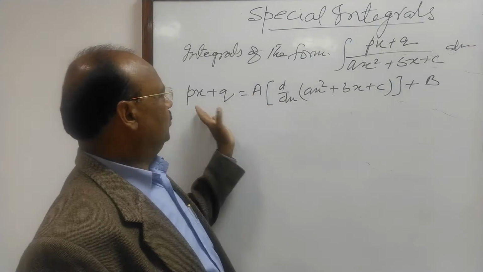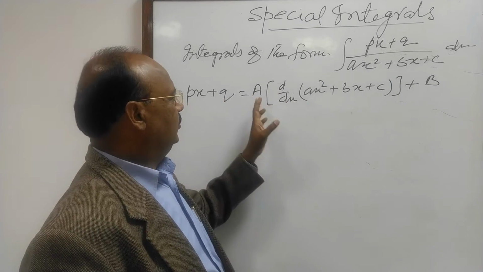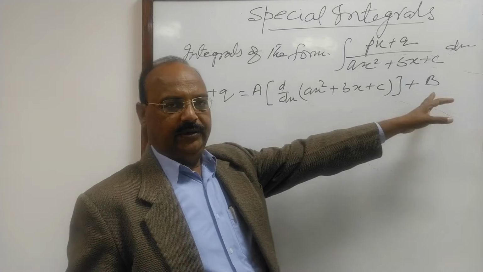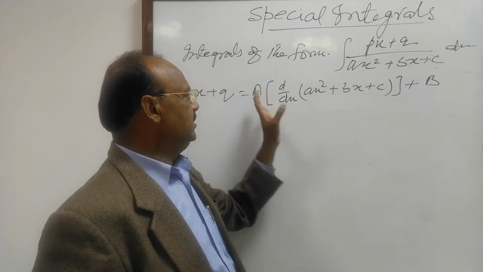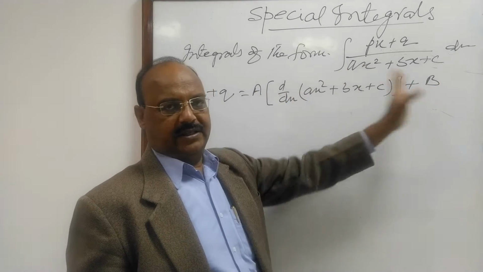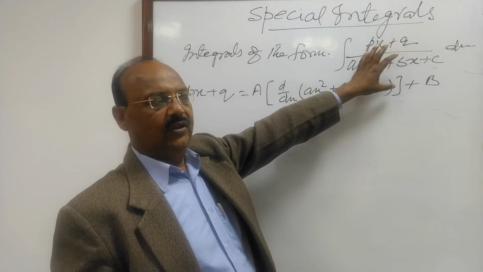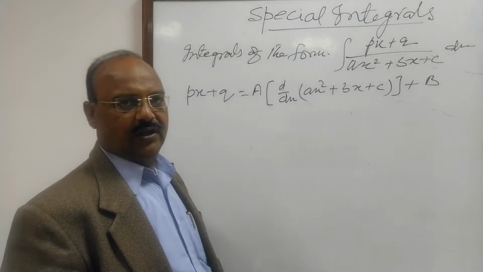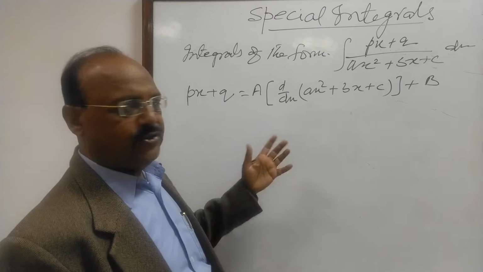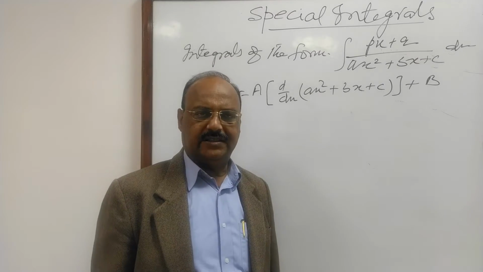By comparing both sides, you will find the values of a and b, and we'll put these values at respective places, and you will find that this becomes very simple to integrate. It will be very easy to understand with the help of an example.